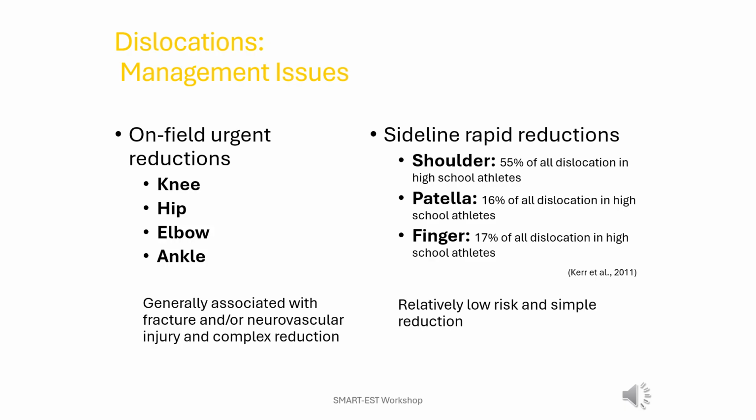Then there's the rapid sideline reduction. Shoulder, patella, finger. Shoulder making up nearly 55% of all high school injuries. Patella, 16% of high school dislocations, and finger, 17% of high school dislocations. Reduction of these are relatively low risk and very simple approaches.